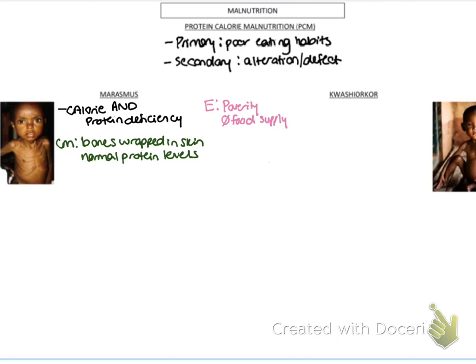Even though there's a deficiency, does that make sense? They typically have normal protein levels. They get kind of wrinkly skin. They have a sunken abdomen. And that's one of the biggest ways you can tell the difference between Marasmus and Kwashiorkor.